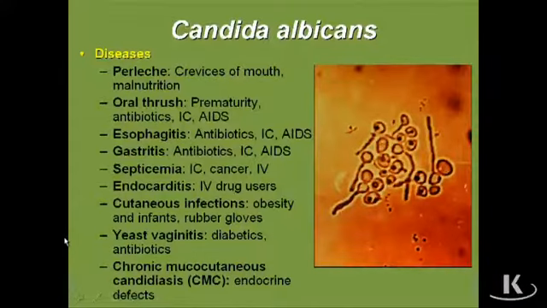And this typically happens in people with not only endocrine defects, but can happen in people with T-cell defects or defects in cell-mediated immunity. And it tends to be a chronic infection. It infects all the mucocutaneous sites, and it's really, really nasty. CMC is one of the diseases you'll see in DiGeorge syndrome, which is when children are born without a thymus, so they have absolutely no T-cell immunity. They get plagued with chronic mucocutaneous candidiasis.